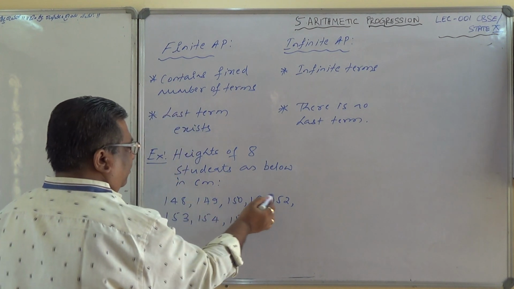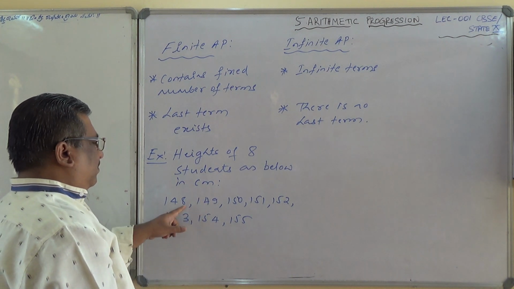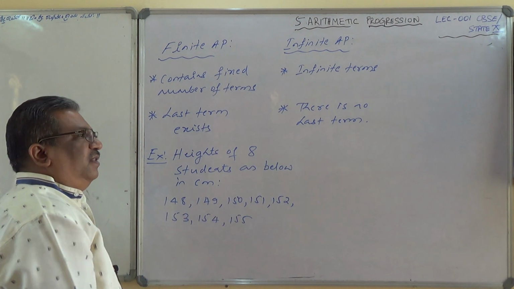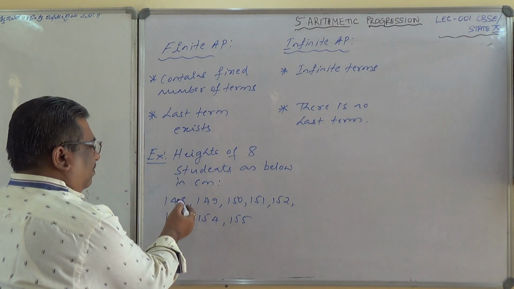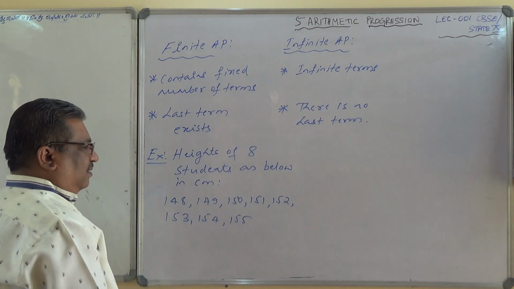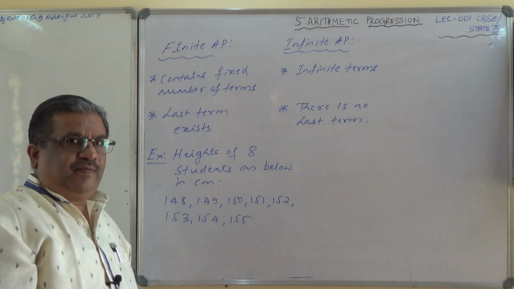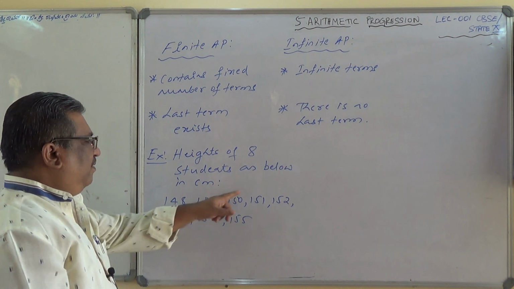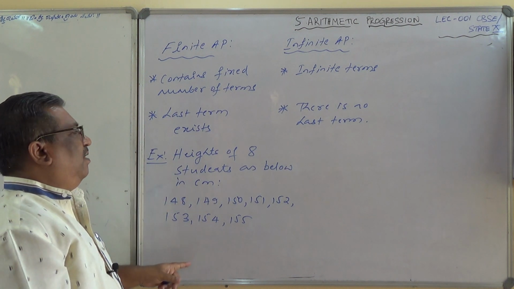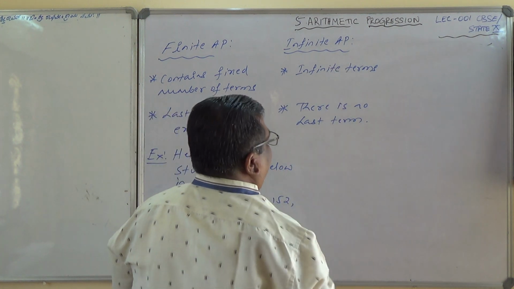Correct? 1, 2, 3, 4, 5, 6, 7, 8. Is it in AP? Let us check. 149 minus 148, 1. This minus this, 1. This minus this, 1. Yes. Therefore, this is in AP. There are 8 students. What is the first term? 148. What is the last term? 155. How many terms are there? 1, 2, 3, 4, 5, 6, 7, 8. So all these conditions are applicable, and hence this is called a finite AP. Is it right? Okay. What is an example for infinite AP?